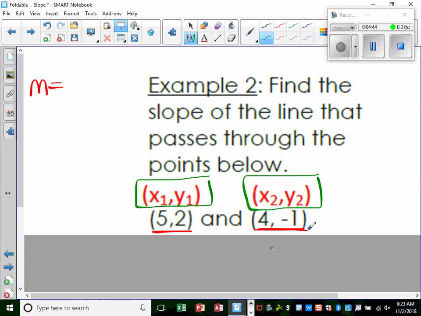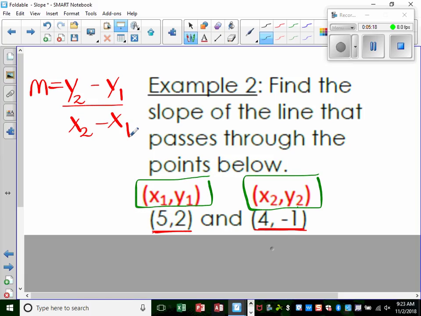The second set of points, we call them your 2s. Okay. Then we use the slope formula. Formulas are great because you can just put the numbers in their proper places. It tells you where everything belongs, and then just add or subtract. So here's the formula. y sub 2 minus y sub 1 divided by x sub 2 minus x sub 1. That is the slope formula.